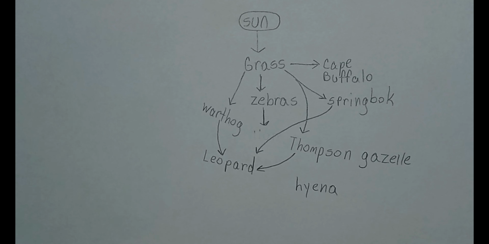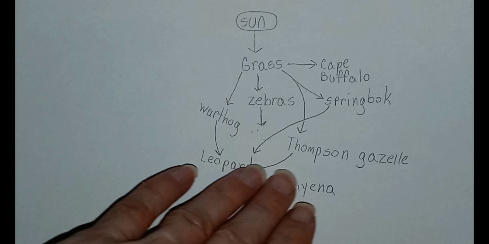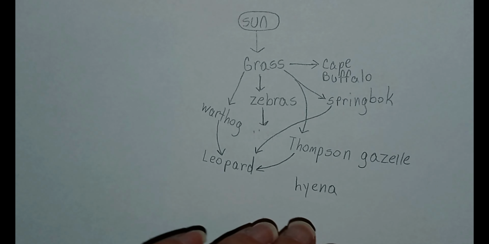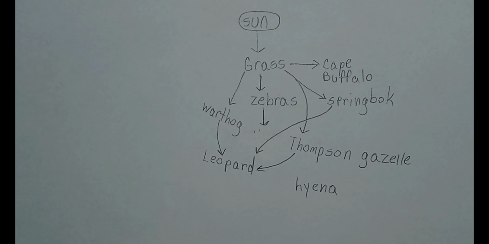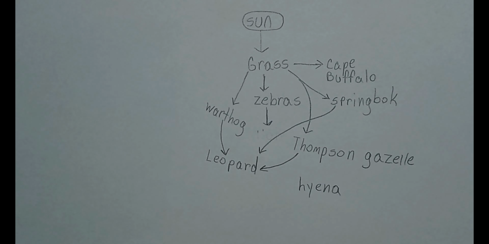So the lion being absent is going to impact the ecosystem. There's going to be more herbivores out there. If we got rid of the leopard and just had the cheetahs and the hyenas out there, again, you're going to have more animals out there because cheetahs are not out there killing large herbivores.